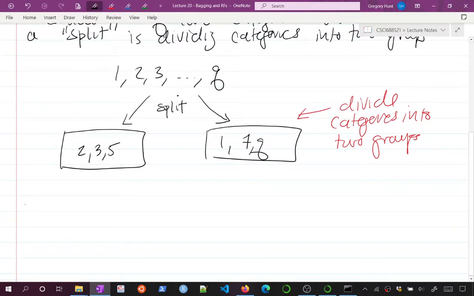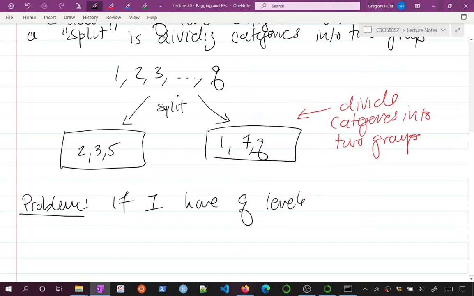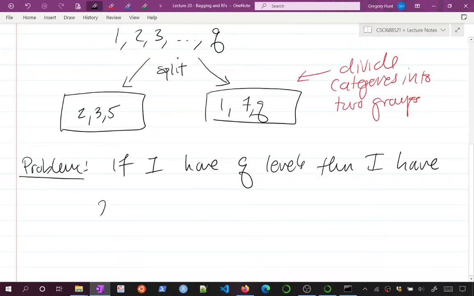Now, a problem that we can run into is that if I have Q levels, then how many possible ways do I have to do this division? You can do the counting, and it's 2 to the Q minus 1 possible splits of this categorical variable.